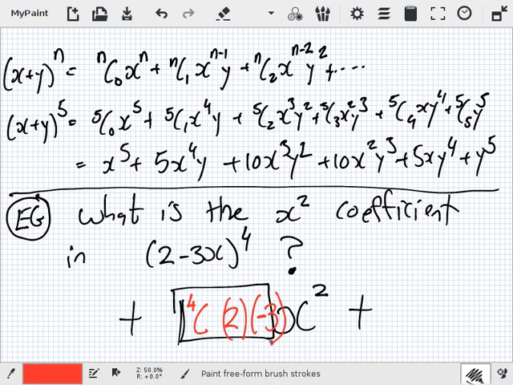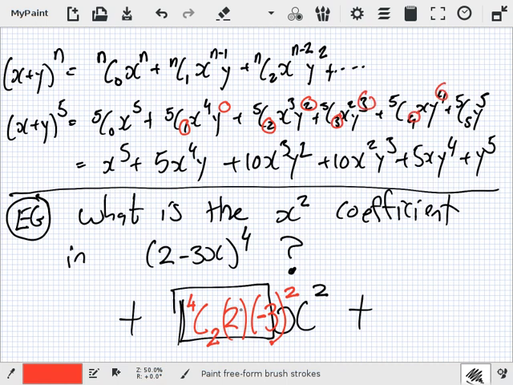Now, if we start thinking about this backwards, because we're looking at x squared, it means the minus 3 has to have the same power as the x, because it's with the x, and we want the x to be squared. So the minus 3 gets a 2. That automatically means that this guy down here is a 2, because you notice that the number down below matches the power. So 2 with 2, 3 with 3, 4 with 4.